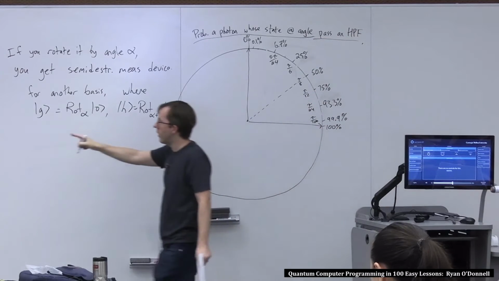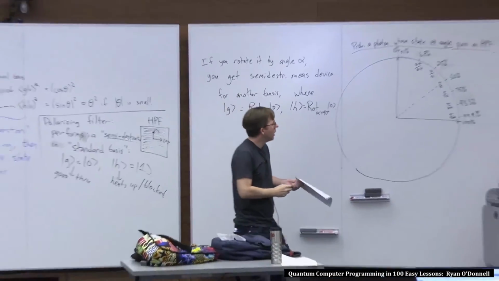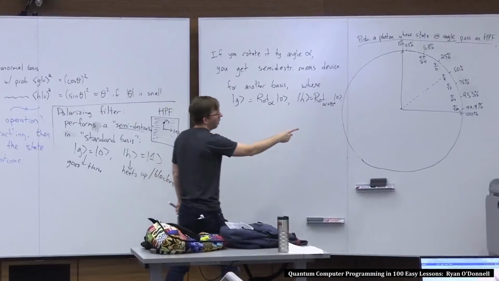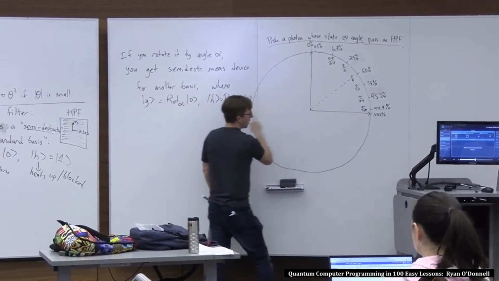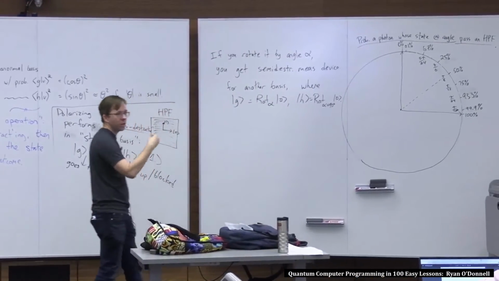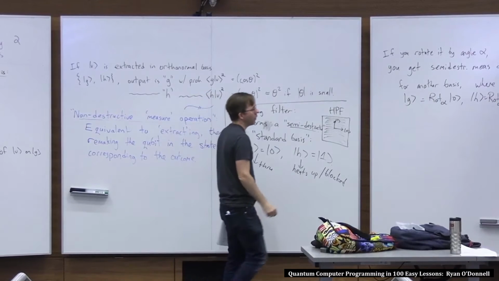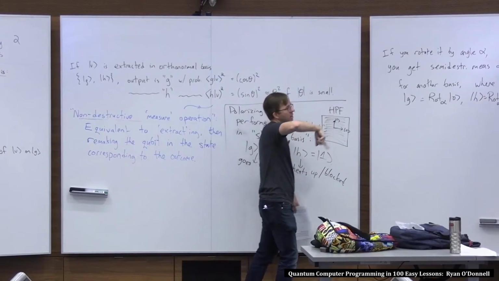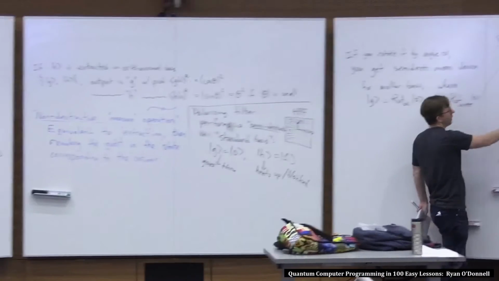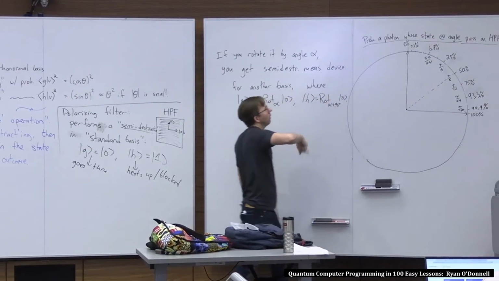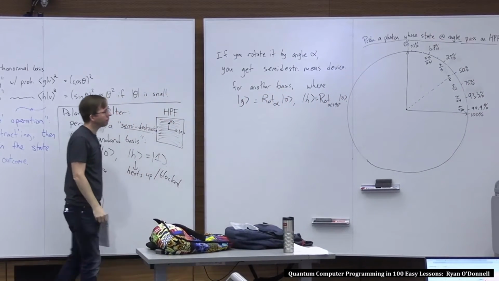Which is really nothing more than the cosine of the angle being depicted, squared. So if you pass in a photon whose state is ket 0, which is this horizontally wiggling one, then there's a 100% chance it will pass through. And if you pass into this horizontally polarizing filter a qubit whose state is ket 1, which is vertical, then it's a 0% chance it'll pass through.